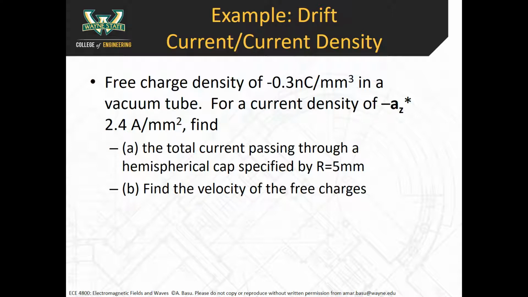So in this case, we have a free charge density of negative 0.3 nanocoulombs per millimeter cubed in a vacuum tube. Now assume that the current density is equal to negative a sub z times 2.4 amps per millimeter squared. So I'd like you to find the total current passing through a hemispherical cap specified by r equals 5 millimeters. And secondly, find the velocity of the free charges.